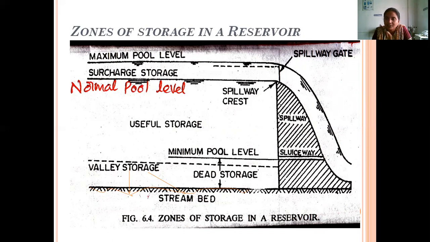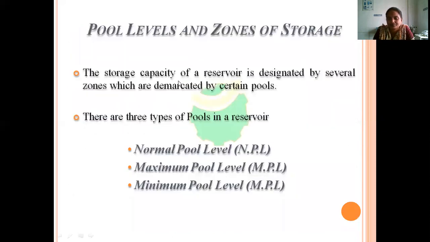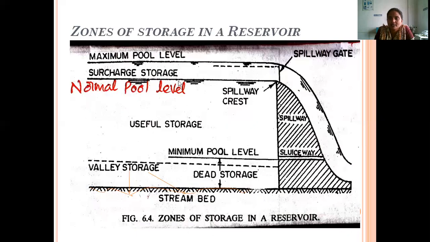But after the floods are over, for the remaining period we need drinking, agriculture, and other releases. So the water quantity is here. The water is up to this. After some time it will decrease. So the sluice way is constructed at the minimum pool level.